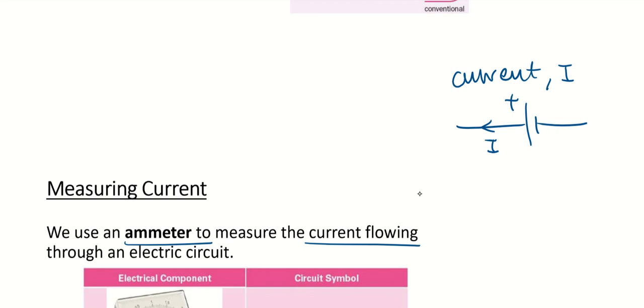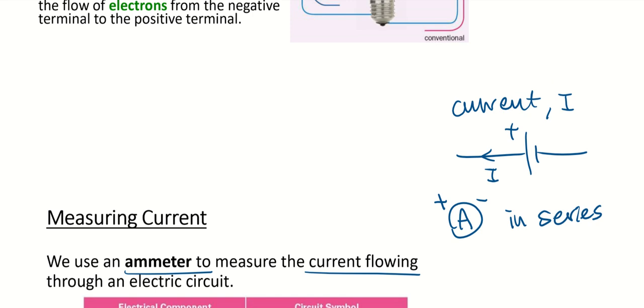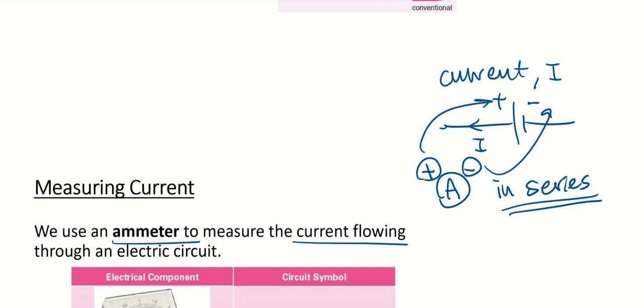Current can be measured using an ammeter. The ammeter is connected in series. And the ammeter has plus and minus, so it is connected plus to plus, minus to minus, and connected in series. Very important.